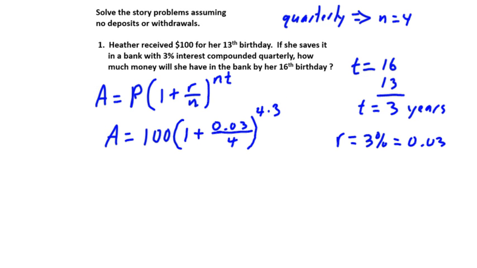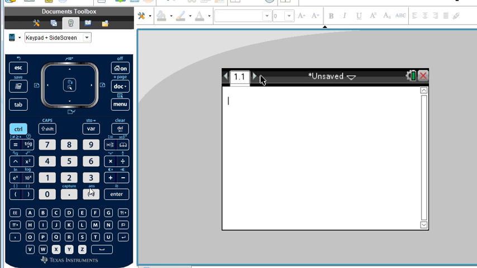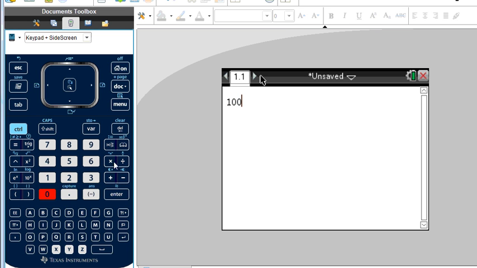Now we can go to our calculator and put in 100 times, open parentheses, 1 plus the fraction 0.03 divided by N, which is 4, and we come outside and take this to the power of NT, which is 4 times 3, which is really 12.